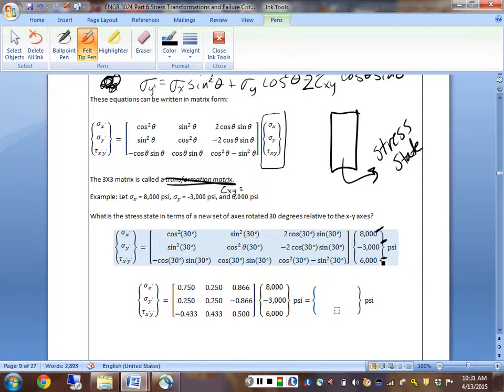Would tau x prime y prime be 6,000, or would those two of them each be 4,000? No, it is 6,000. Each one is 6,000. These are not separate forces. If you've got a shear stress here, you have to have a corresponding shear stress here to keep it in equilibrium.